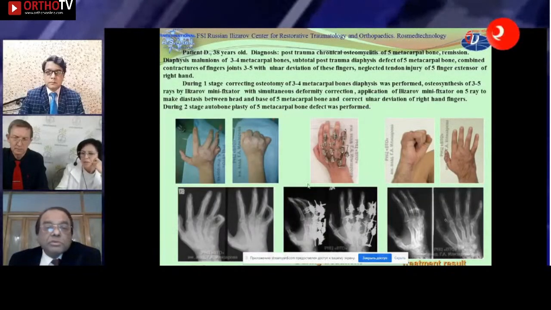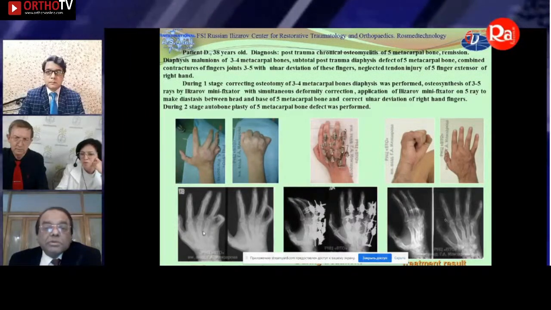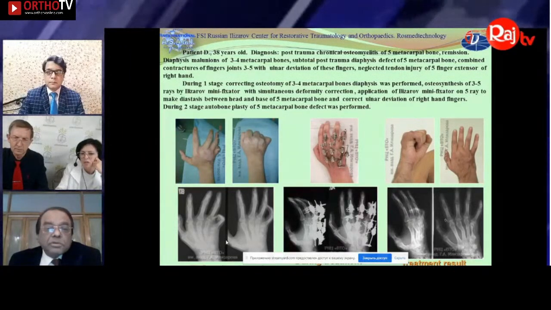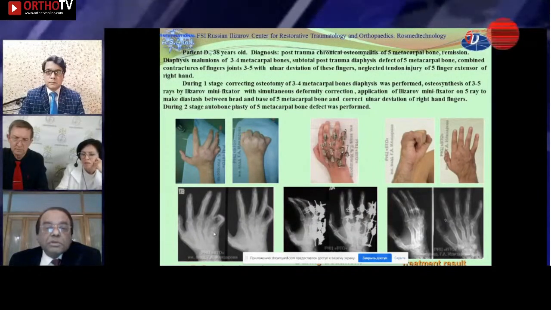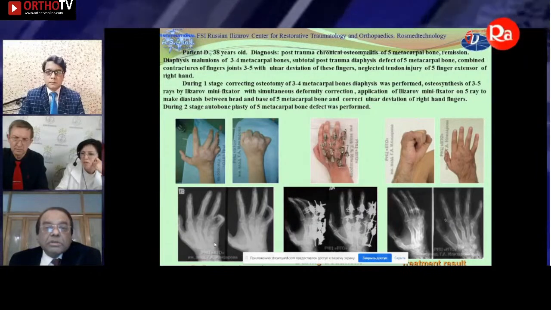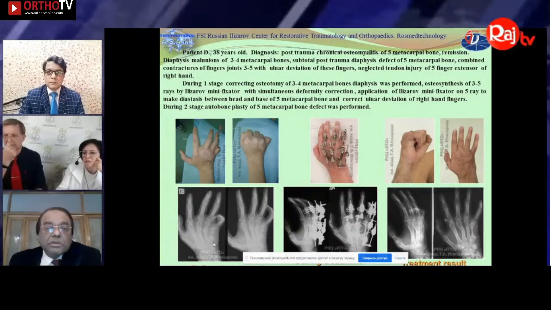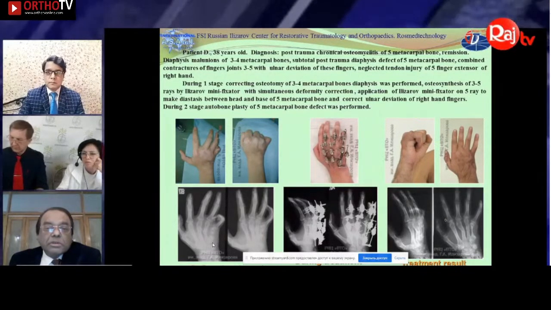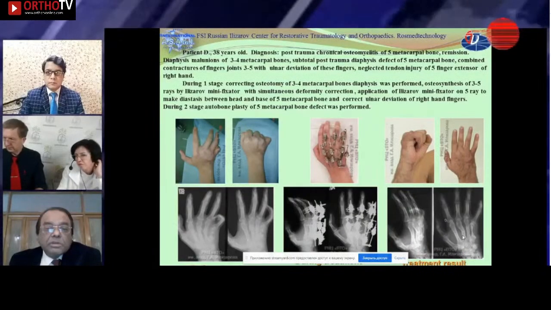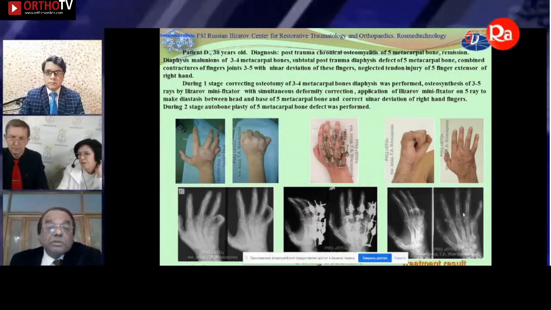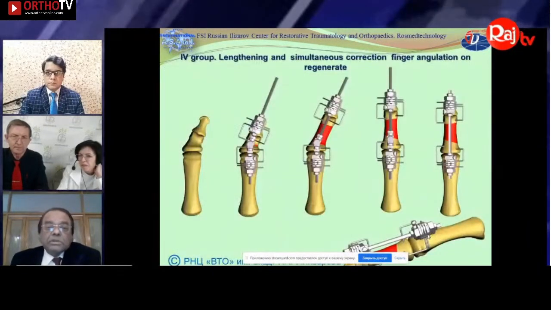This picture before operation. In operation, we made osteotomy of first and fourth metacarpal bone, distraction, osteosynthesis, and plastic of fifth metacarpal bone, free flap with bone, and the results after operation.